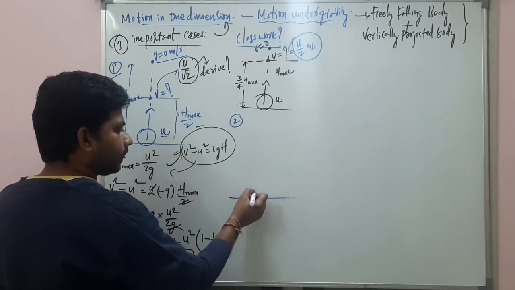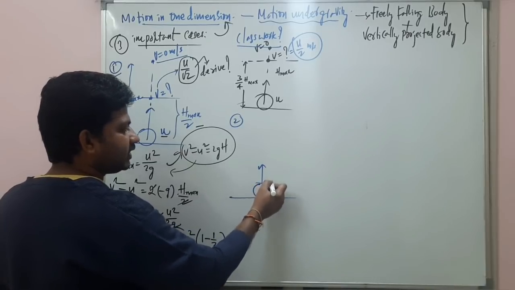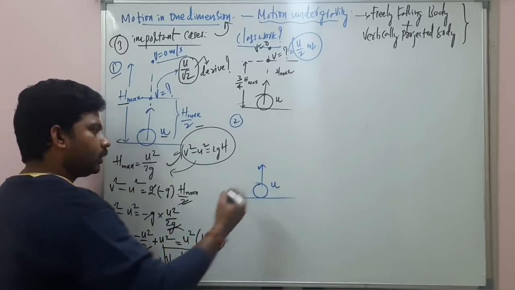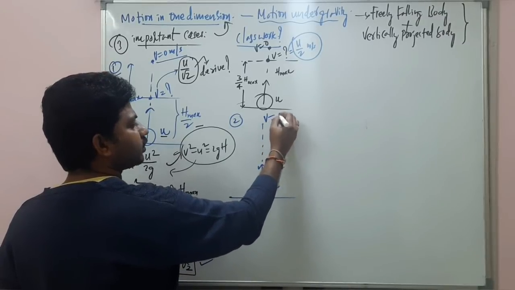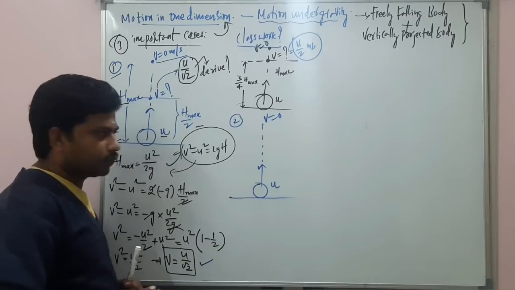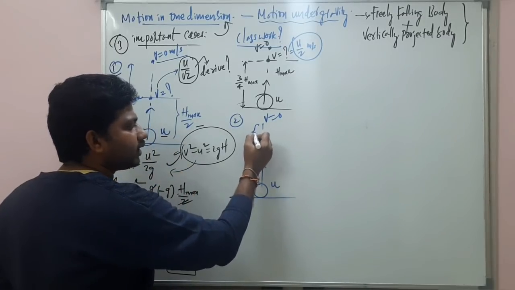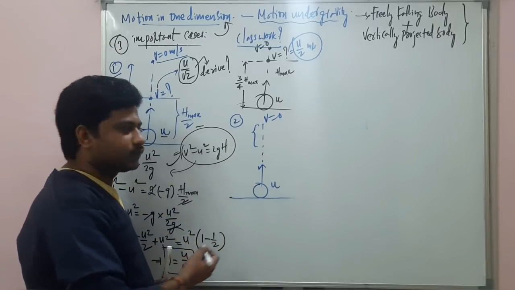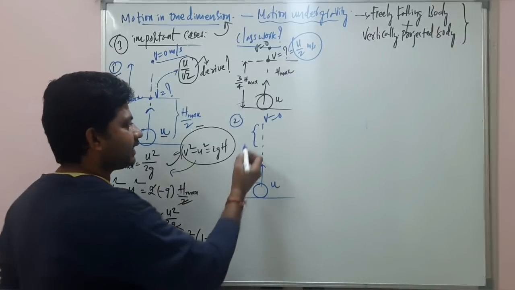There is a body which is projected up with some initial velocity u. It moves up, final velocity will be 0 at maximum height, that you know, right? So there is some distance traveled by this body in the last second, yes or no? This is the distance traveled by the body in the last second, imagine.